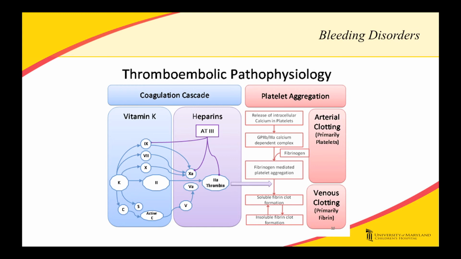This is the thromboembolic pathophysiology, the coagulation cascade, and then platelet aggregation. How a clot is formed in the arteries is primarily the job of the platelets, and in the venous system it's primarily fibrin. So the platelets get together and call in fibrinogen, and then they start to cross-link these fibers.